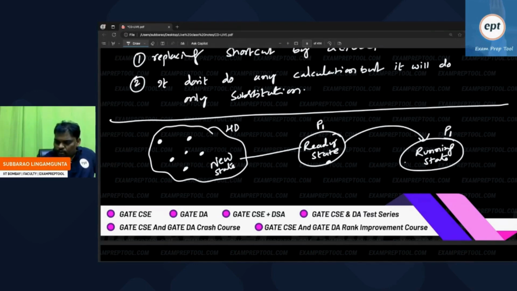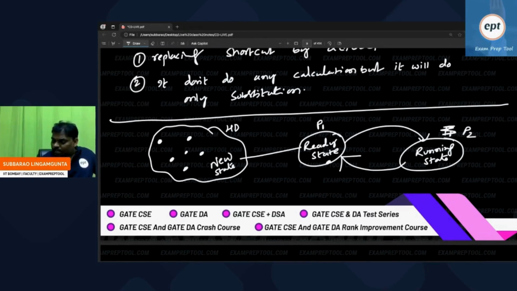So P1 will go back to the ready state. When the CPU is free again, P1 can come and run. Unfortunately, a higher priority process comes, so P1 is replaced by P2, and P1 goes back to the ready state.